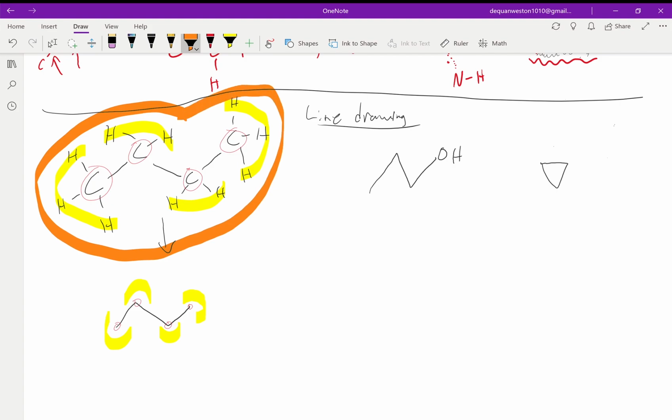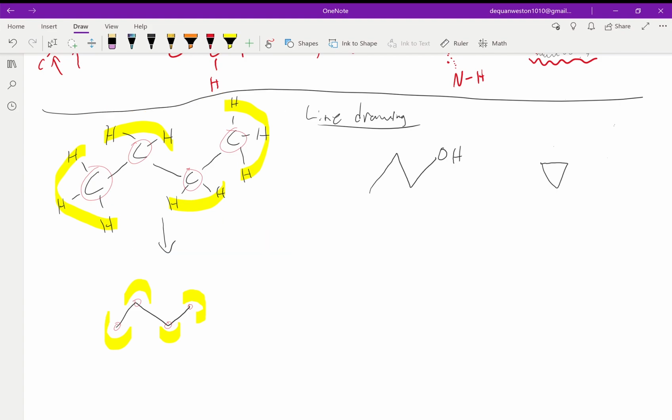And this is a small structure. This is a butane. So that's a small structure. Most structures in organic chemistry or just in general are way bigger than that. So if you had to draw all these carbons and hydrogens, it would just take forever. So scientists have created this method where all carbons and hydrogens are inferred.